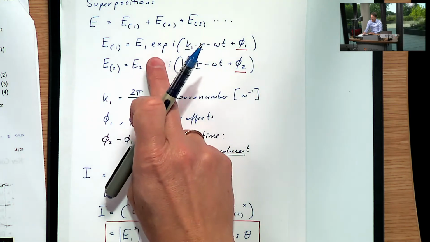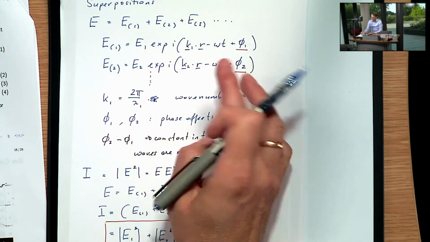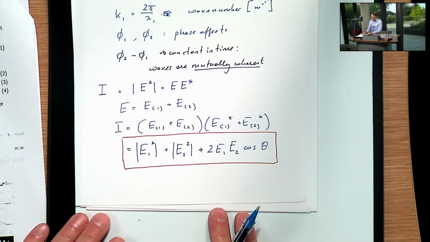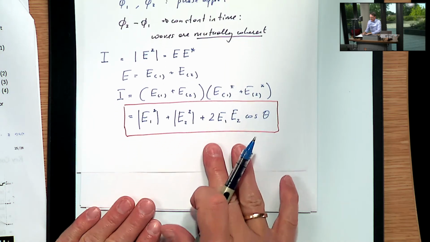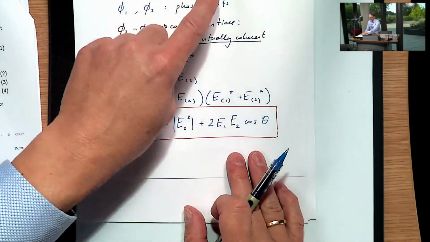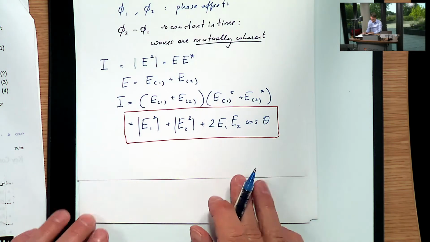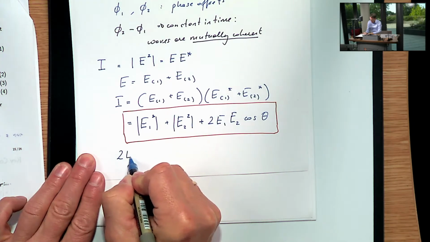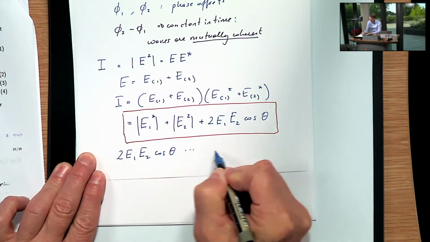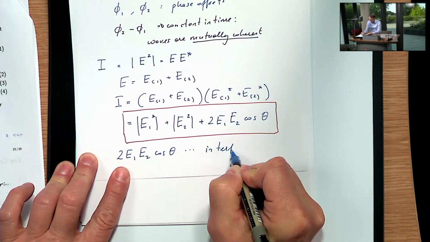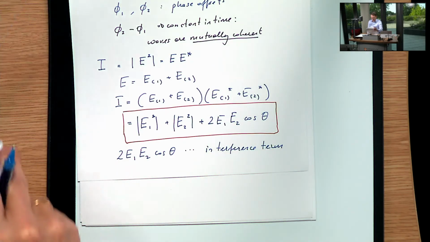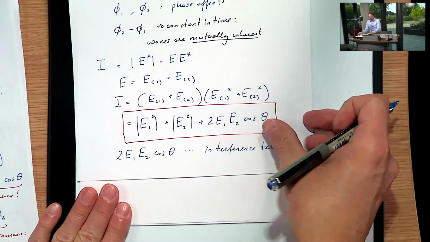And so if the fields are the same, then what you get, let me just slow down a bit and go through this. But you see you get these cross terms in there, and you get them twice, right? And so what happens then is that 2E1 E2 cos theta is called the interference term. And this is quite interesting.